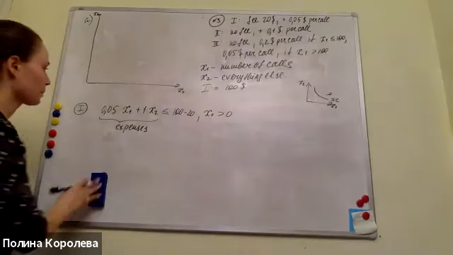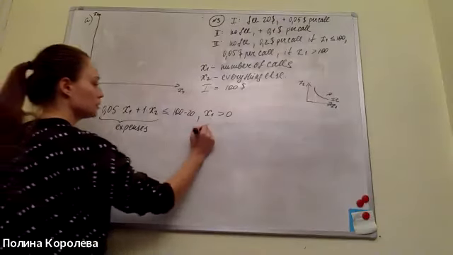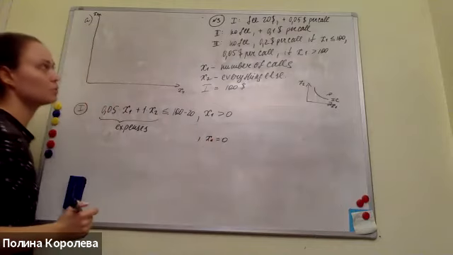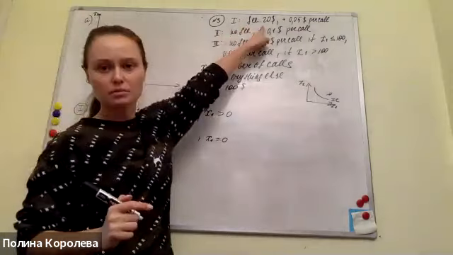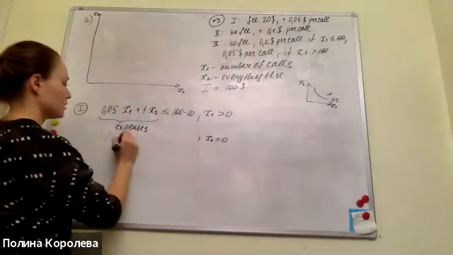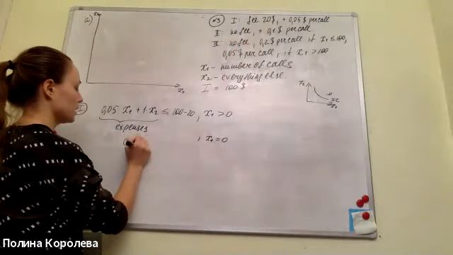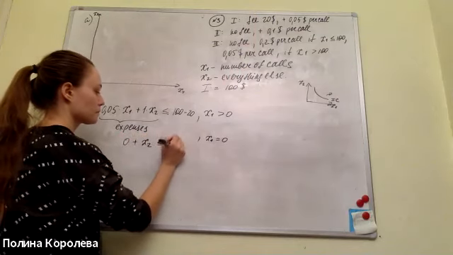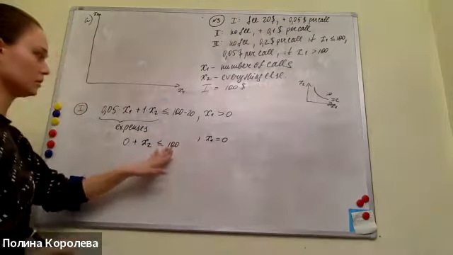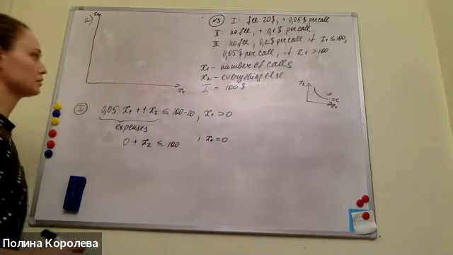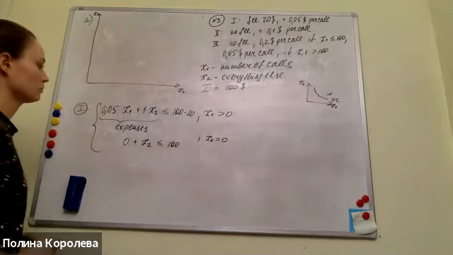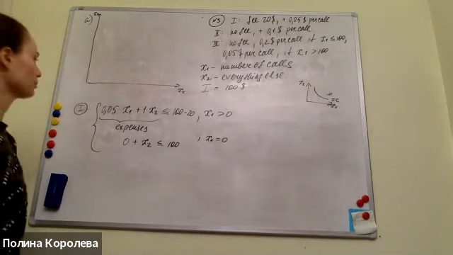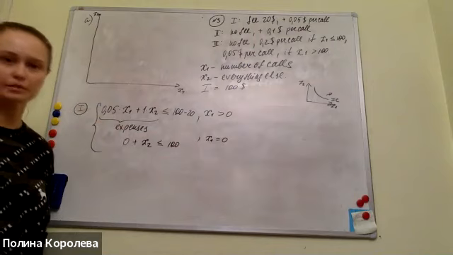Agree? And if we do not make calls, if x1 equals 0, we should not pay the fee. So we will spend only 0 plus x2. We will spend money only on everything else. This is the expression for budget set 1.